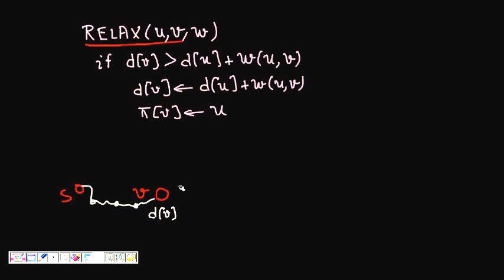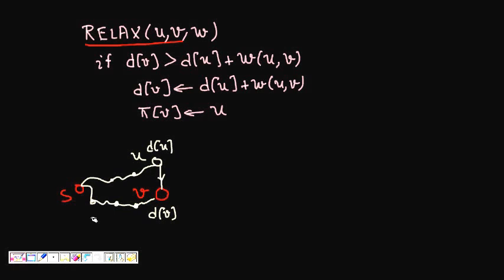Then there is another node U, and there is some distance from S to U with some intermediate nodes, and this is d of U. Now in relaxation, let us have an edge (U,V). I have found the shortest path for d of U, and now I'm trying to relax d of V.